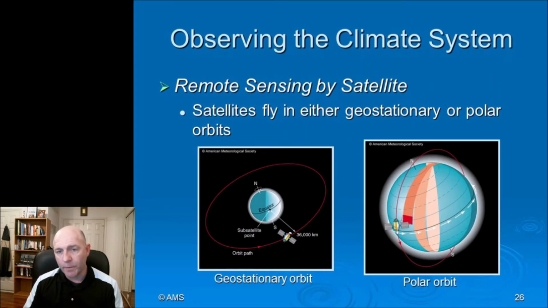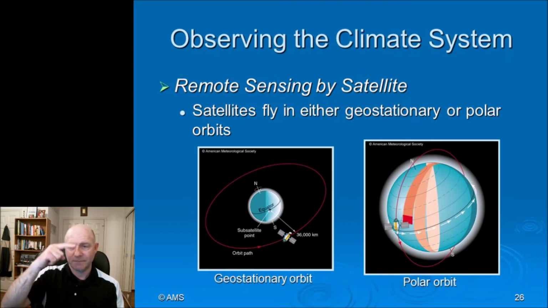The polar orbiters are in a much lower Earth orbit, only a few hundred miles above the Earth's surface. But because they are closer to the Earth, you get much better spatial coverage, higher resolution, of whatever you're trying to sense. You don't get to see the same place all the time because the satellite's going like this while the Earth is going around like this.